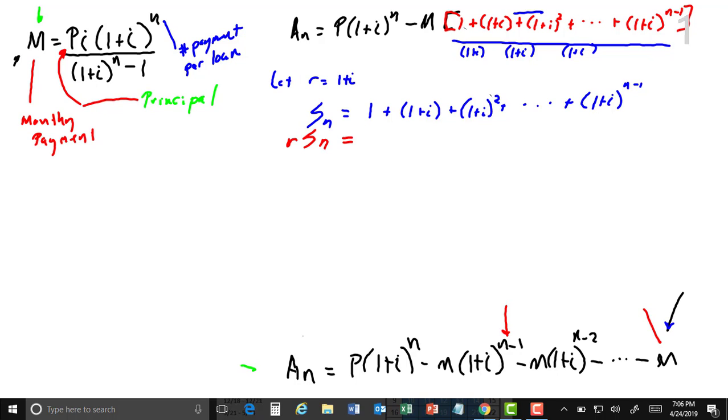I'm rewriting it because that was equal to p times 1 plus i raised to the n, right? And then I had minus m, and then I had everything written in reverse. I have 1 plus i plus 1 plus i squared plus dot dot dot plus the last term, as you can see, is 1 plus i raised to the n minus 1.